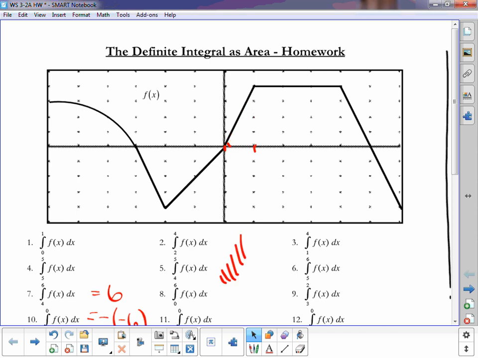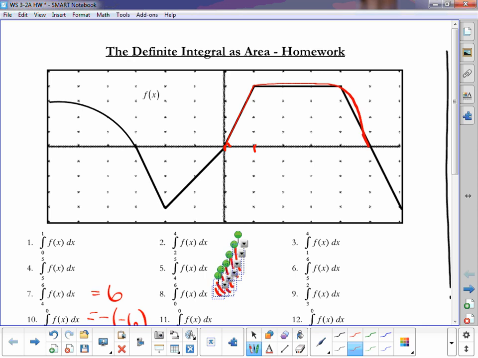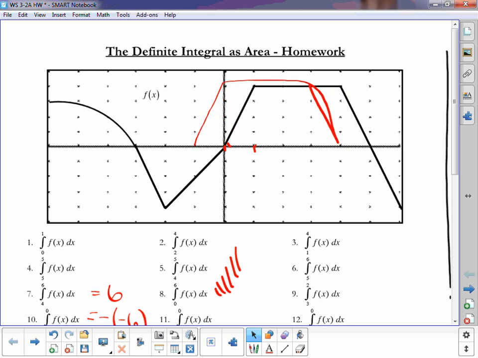So watch what area we're working with instead. I'm going to go ahead and trace this piece. And it got shifted left 1. So this is my new graph that I'd be working with.